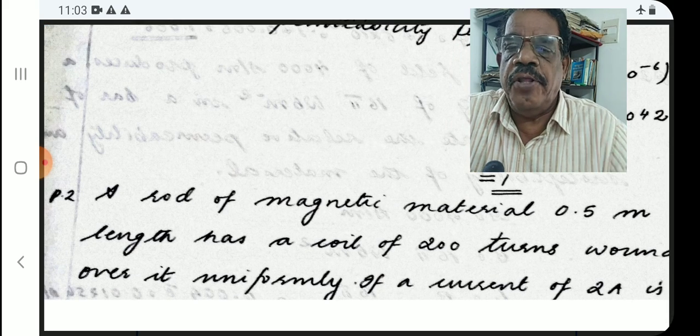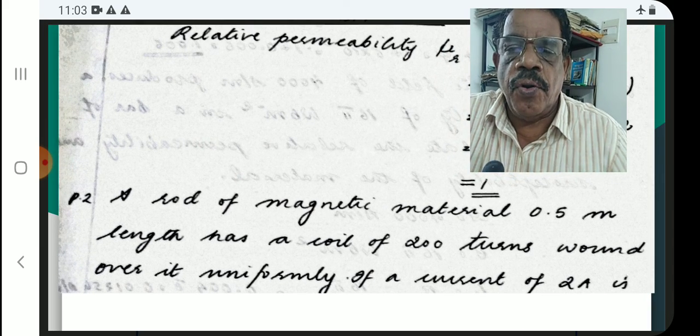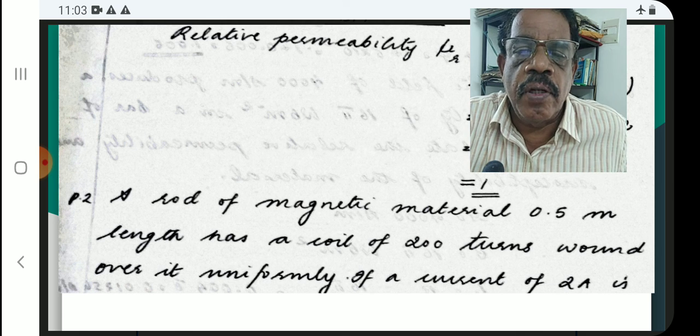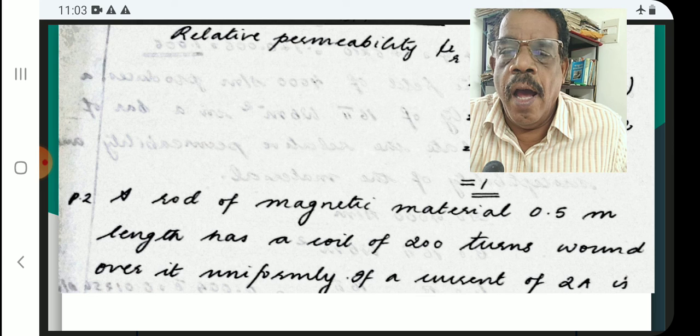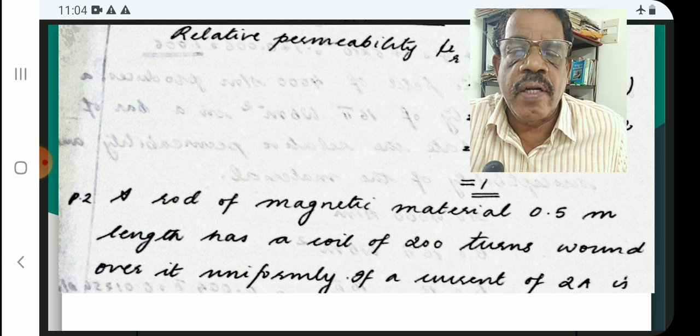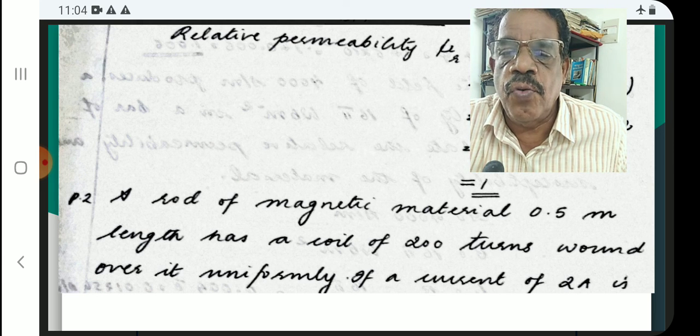Now we see another problem. A rod of magnetic material 0.5 meter length has a coil of 200 turns wound over it uniformly.